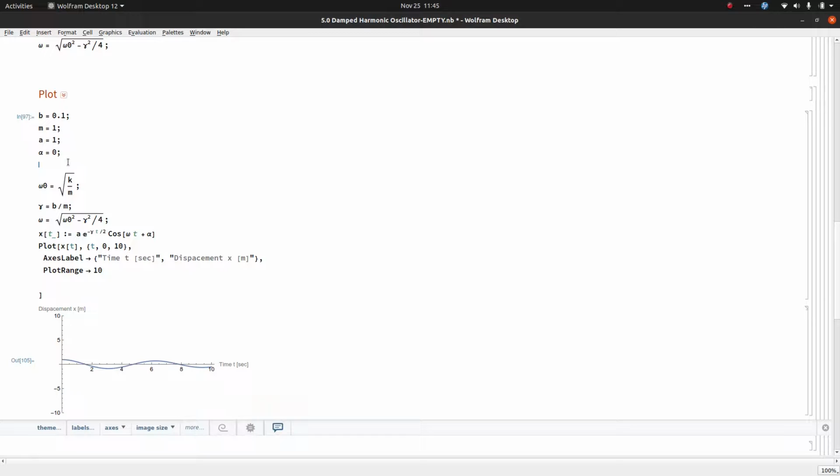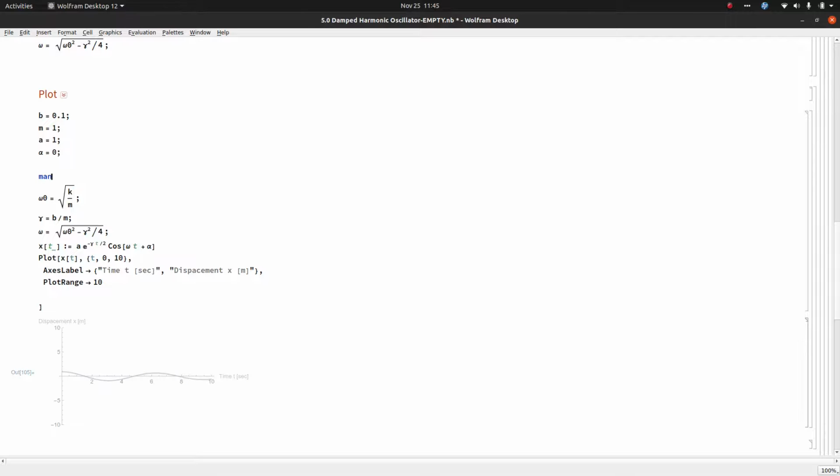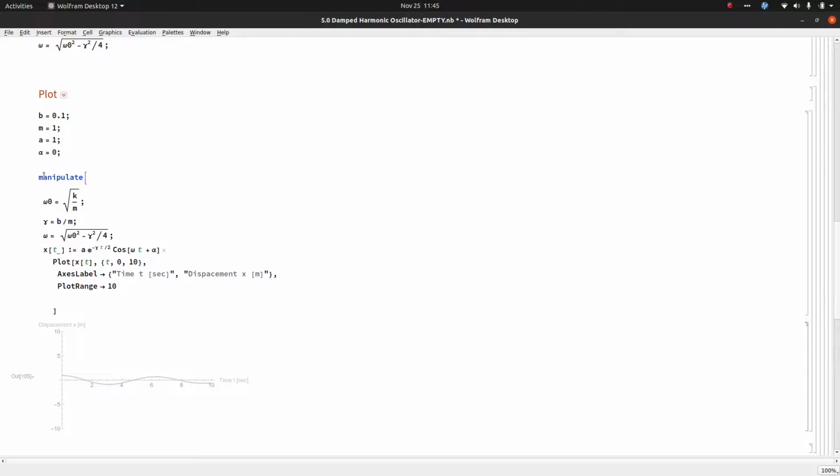reason why is that I want to wrap this in a manipulate function. So I want to be able to play around with this a little bit more dynamically. So I am going to wrap my plot and all of these other functions into a manipulate. And I want to be able to manipulate a few different variables here.